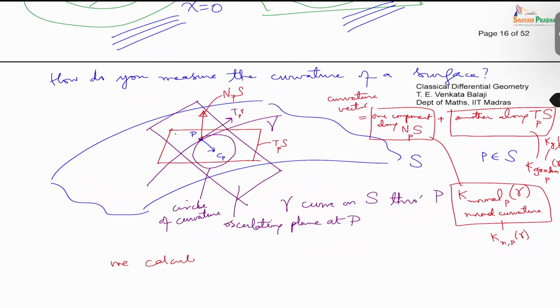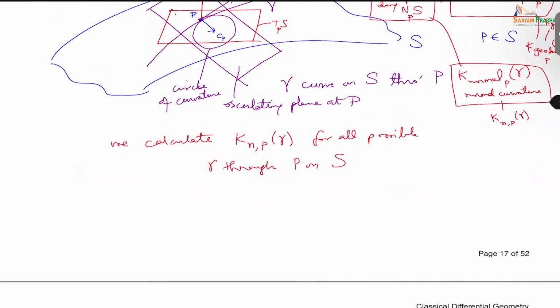We calculate the normal curvature K at the point P for all possible curves gamma through P on the surface. The picture is more like this.